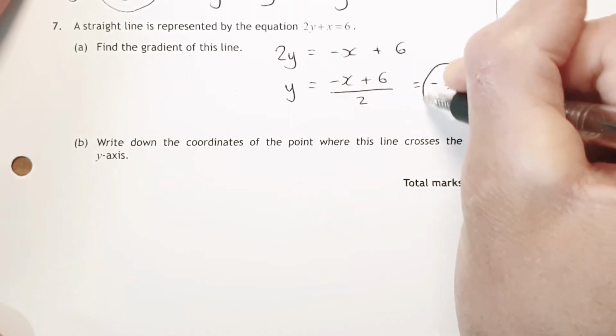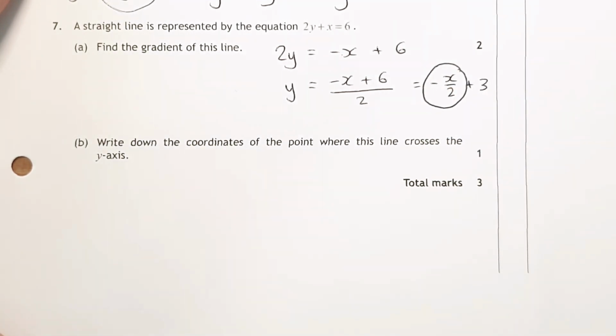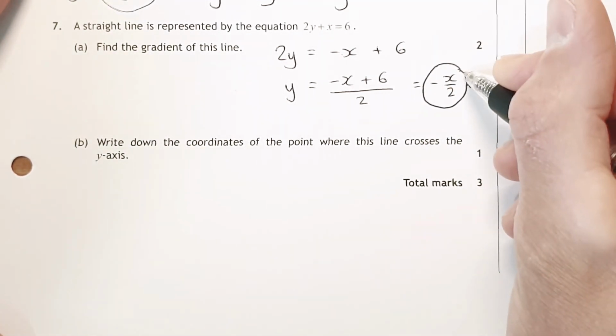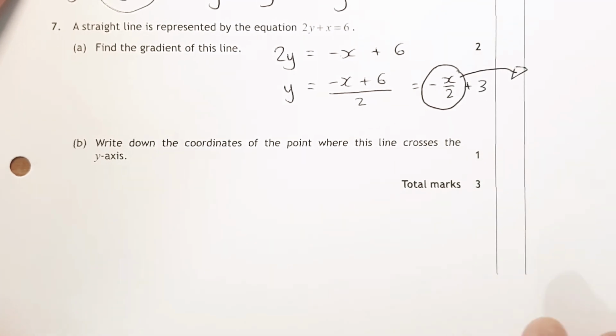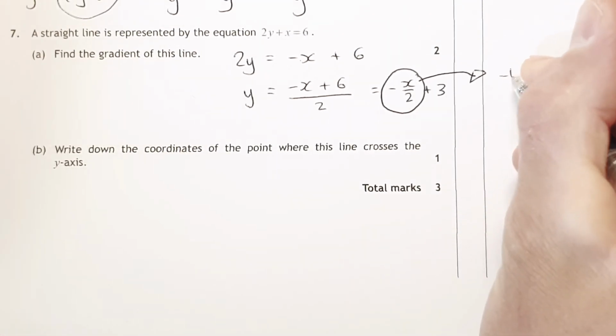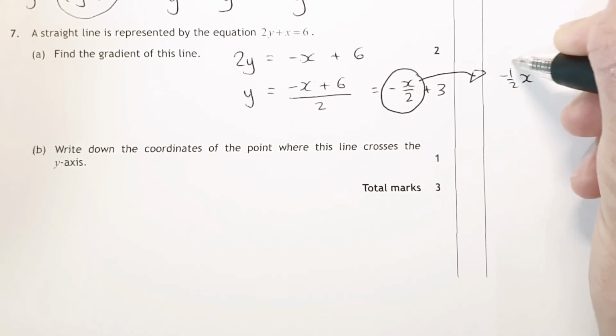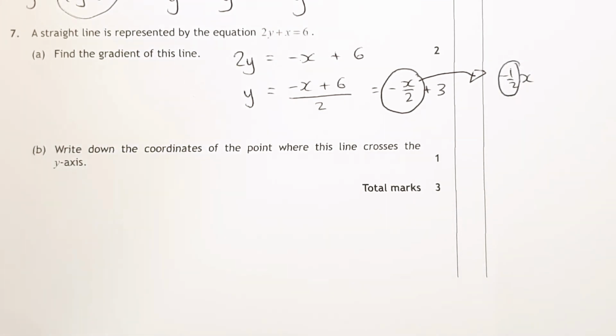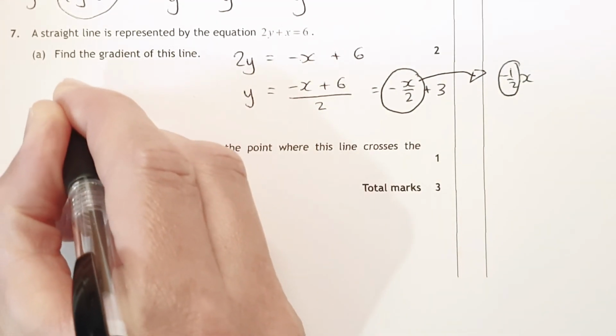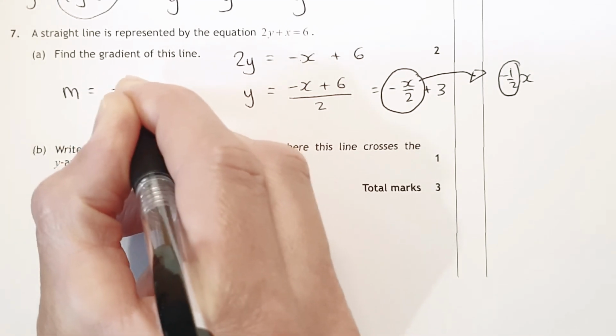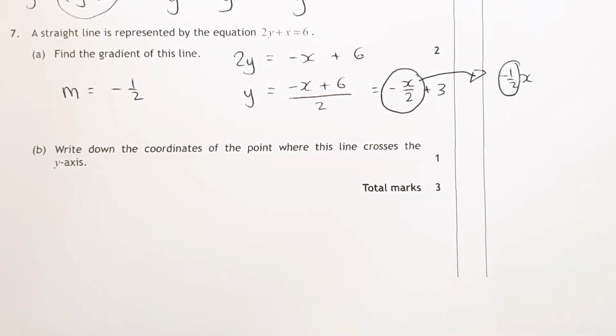So it's the coefficient of x which gives us the gradient. So that's just the same as saying negative a half of x. So therefore your gradient has to be negative a half. So gradient, m is what stands for gradient, so m equals negative a half.